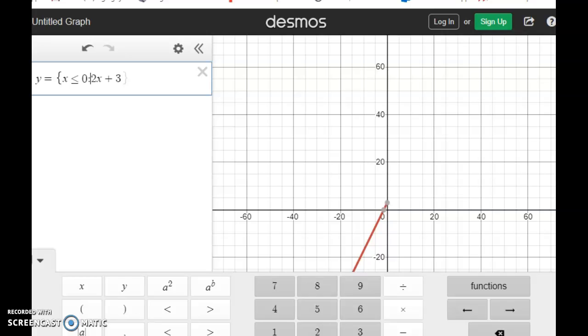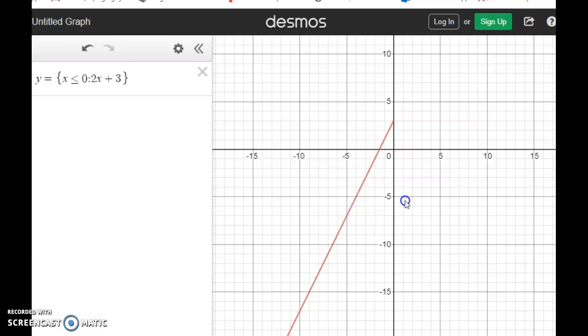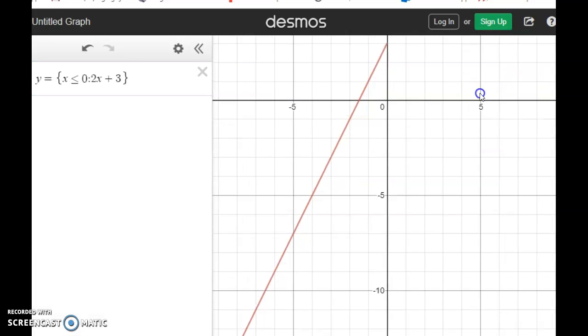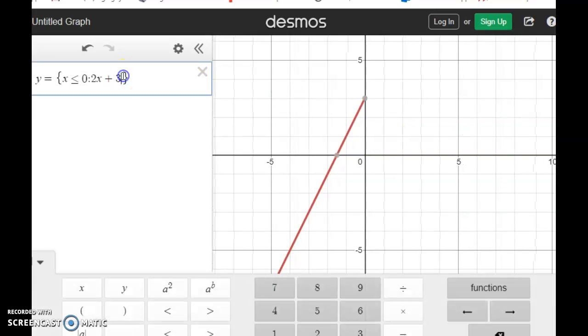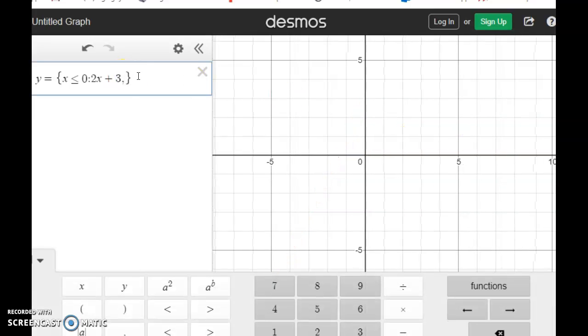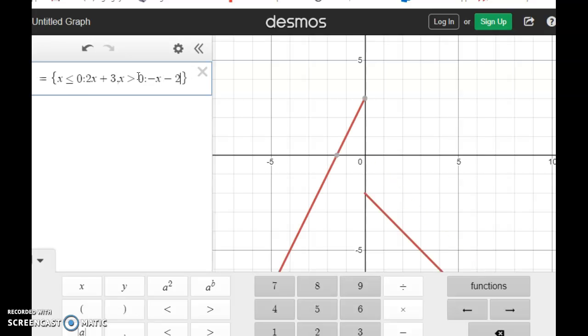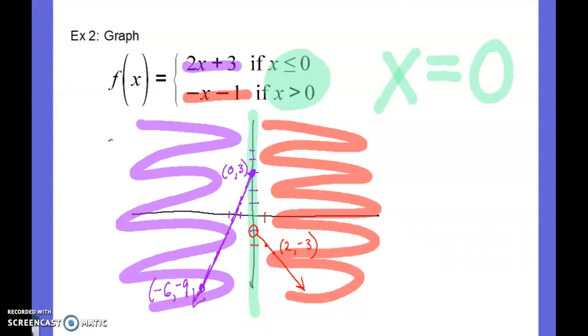There we go. And I should zoom in quite a bit so you can see what I'm looking at. And then inside of this, I put a little comma and say, well, what about when x is greater than 0? Then that function was negative x minus 1.